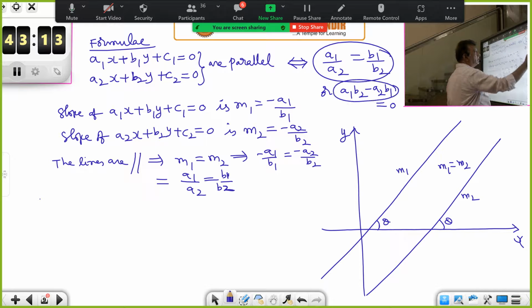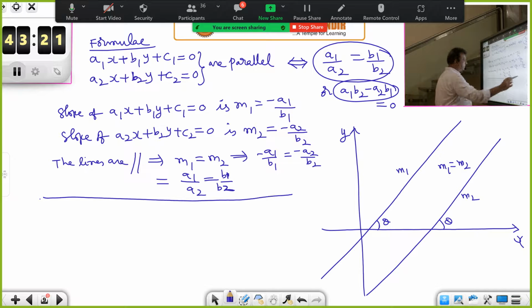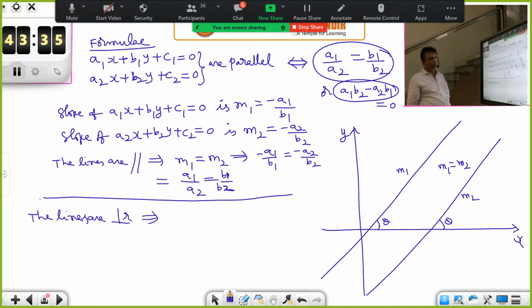And from that we get the condition that the determinant of the two lines must be 0. Okay, we will derive the formula for perpendicular lines also. The lines are perpendicular. Implies what? What is the condition on m1 and m2? m1 into m2 is equal to minus 1.